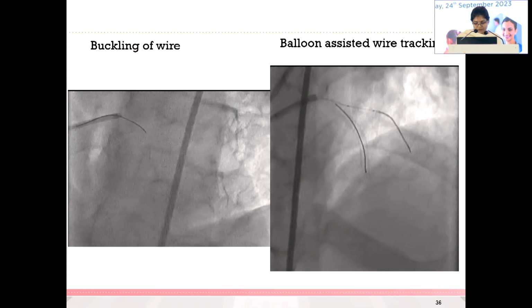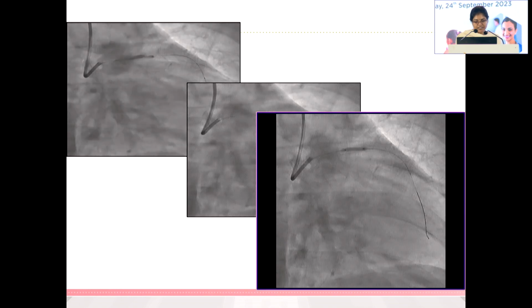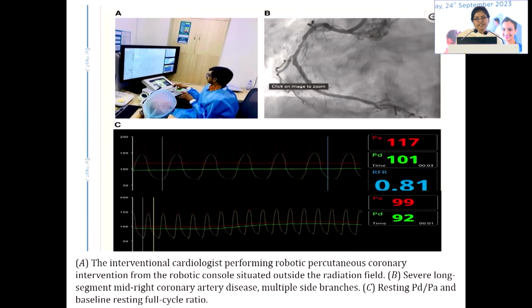And finally, for the first time in the world, physiology-guided PCI was done and published by Dr. YVC sir in the European Heart Journal, Case Reports. This is the futuristic robotic PCI with innovative physiology optimization. This is the first time in the world that physiology-guided robotic PCI has been done.